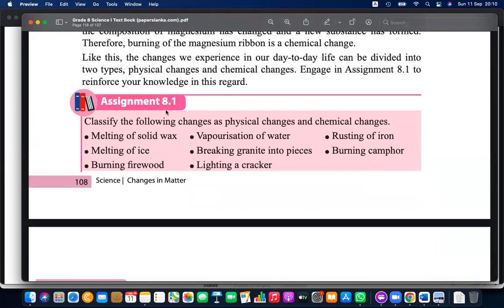Then classify these things into physical and chemical changes. Draw a table, with physical on one side and chemical on the other, and send it to me on WhatsApp very quickly after drawing this.